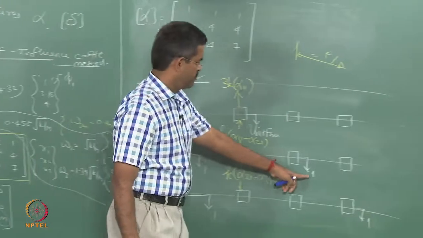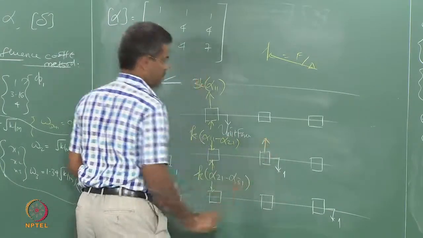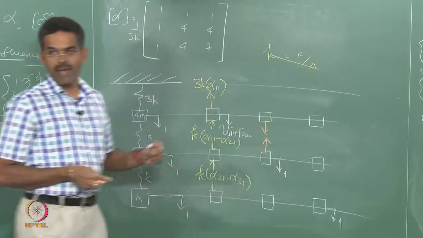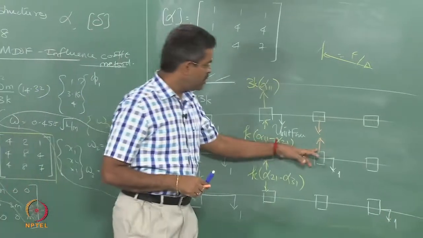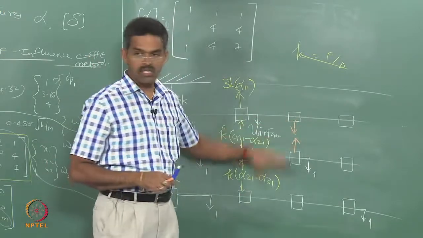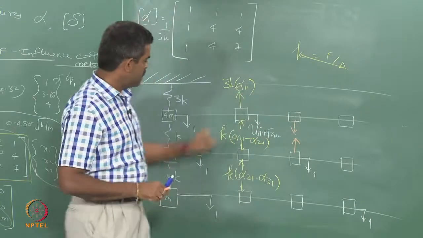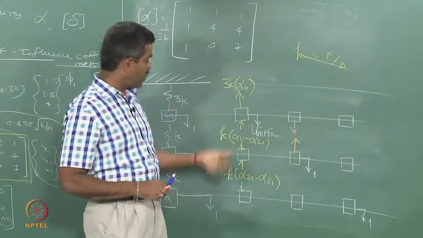Let us do it here, for this unit force, starting from here. This way and this way is always a pair. When you put arrows here and here, because there is a common spring which connects these two, you have to mark the arrow direction of both of them. I think we already explained this in the truss problem: either it is pushing or pulling, it is never one end pushing and one end pulling.